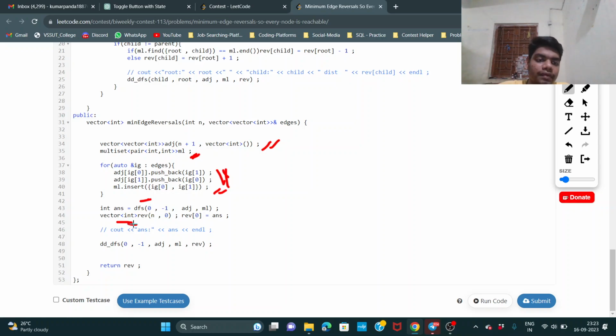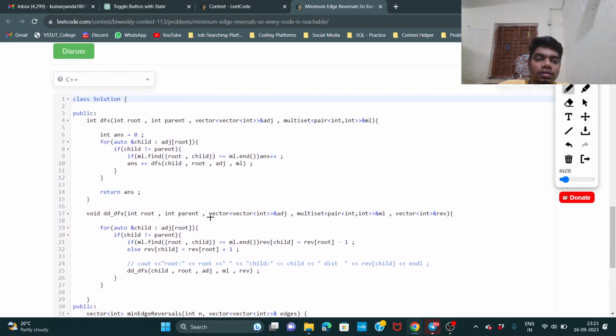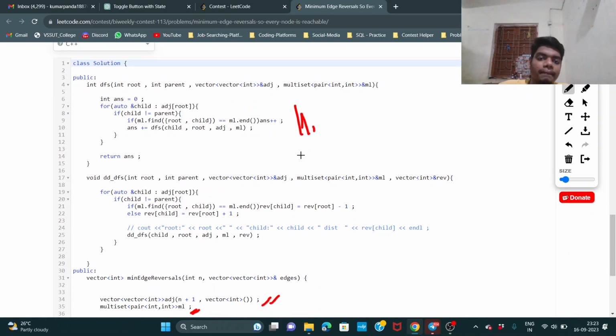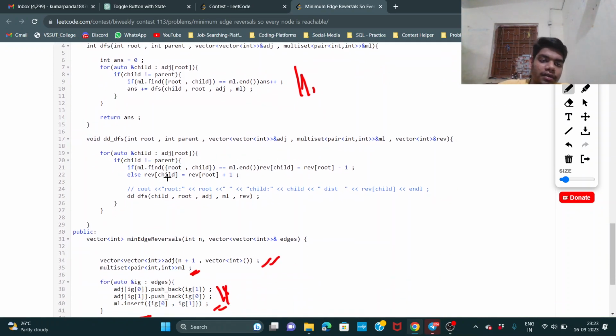This calculates the minimum reverse that we need, and then again do the dfs. In the first dfs I just calculate the answer for the root node. And for the next node it is a simple thing: if the edge is pointing downward then plus 1, if pointing in the upward direction then minus 1, and again call the dfs.